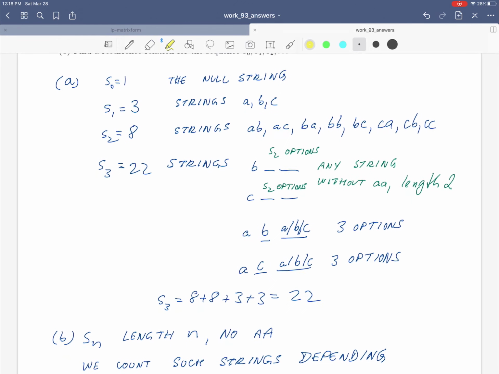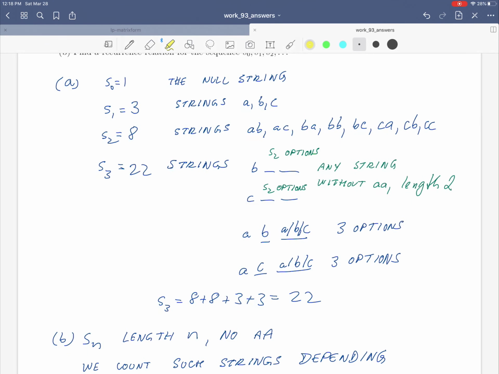Why? That's the most important case in this first part, because I will argue the same way as in the general case. So let us look at strings of length 3 which don't contain AA, and let us divide the counting by the starting letter in the string.